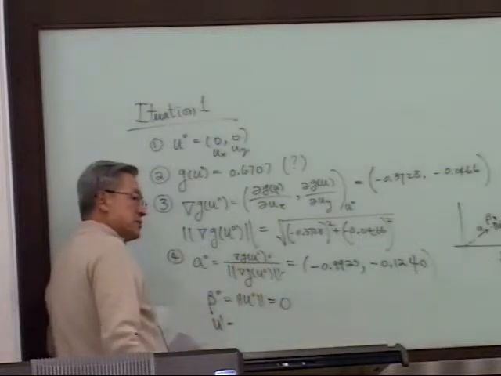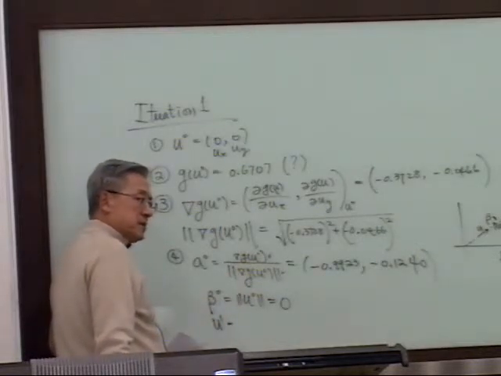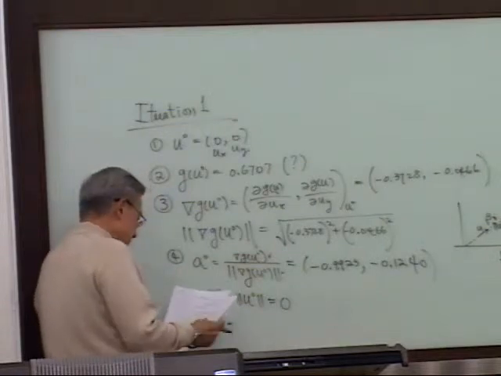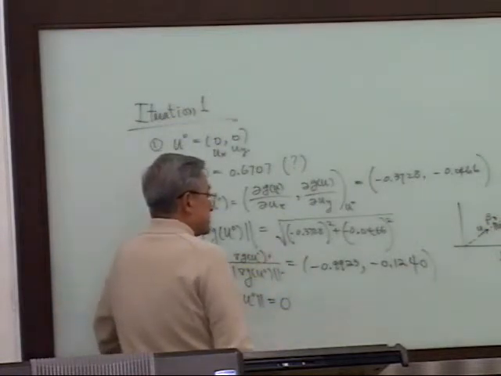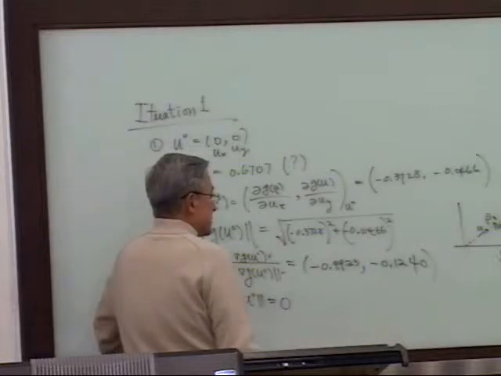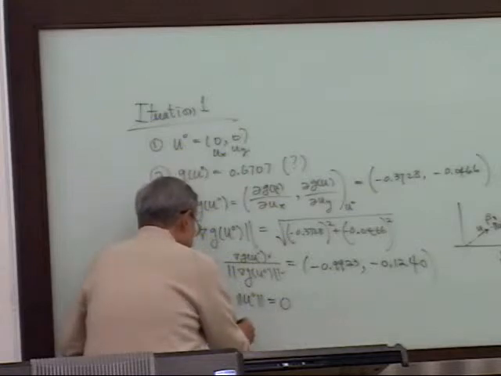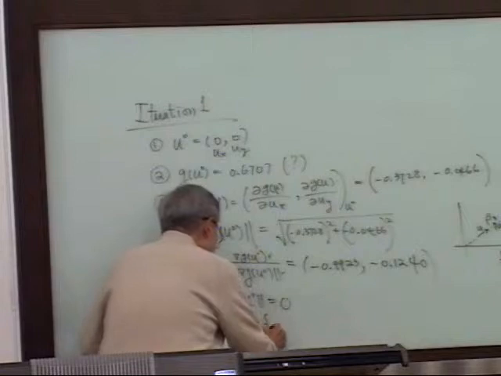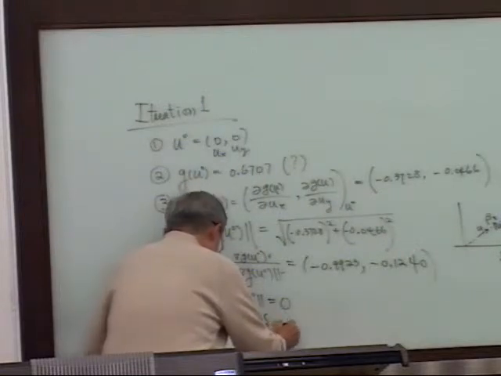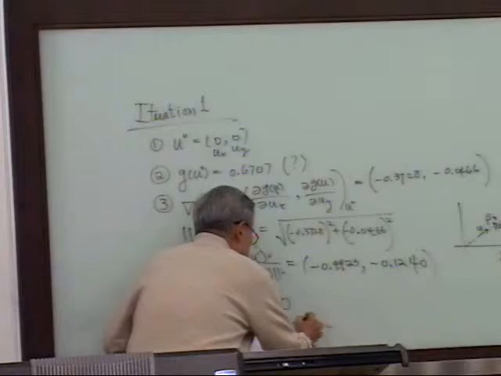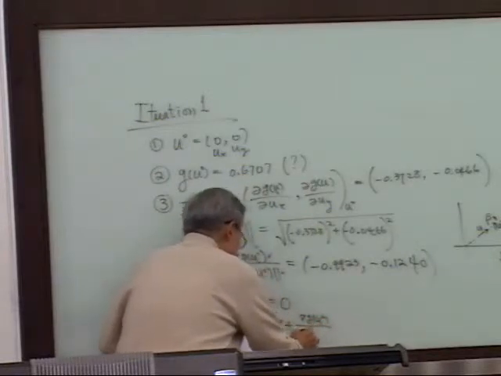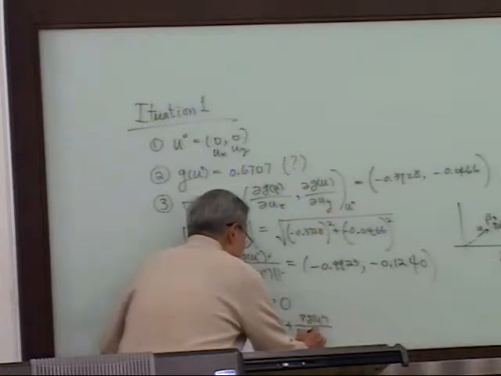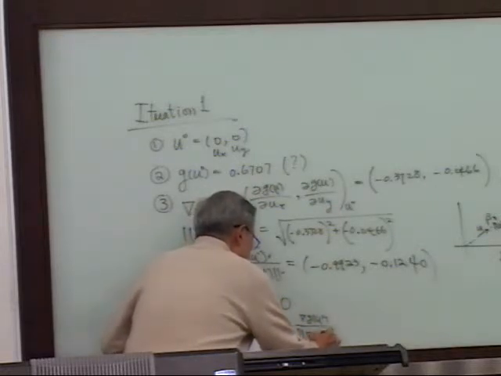Then check the acceptable criteria. You stop if the difference is equal to or less than a very small quantity you can assign, which is minus A naught, beta naught, plus delta G U naught, delta G U naught.